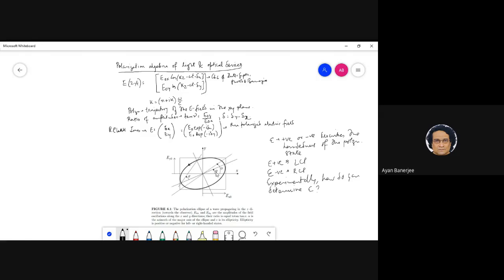Typically we have a positive uniaxial crystal, which means that for the E ray, Ne is greater than No. So if I have the quarter wave plate aligned so that its slow axis is at an angle alpha with respect to this incident beam, right?